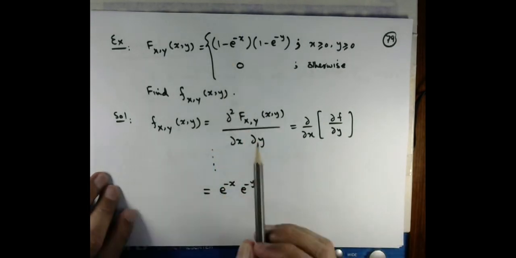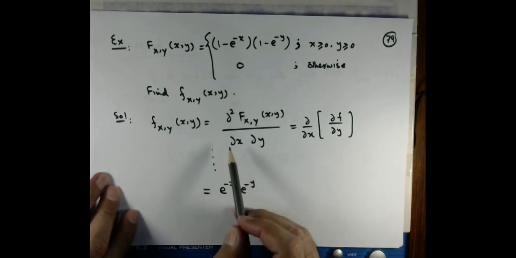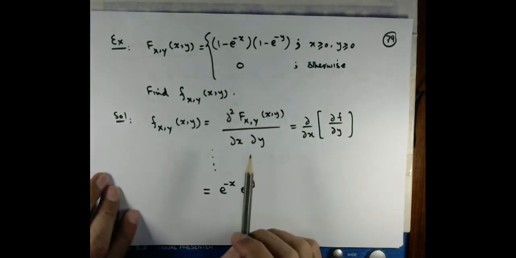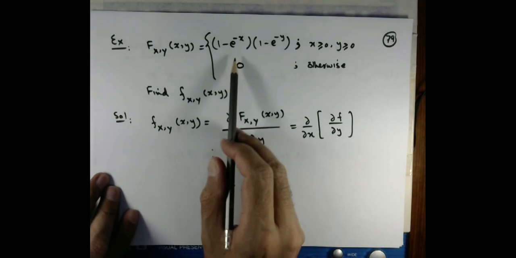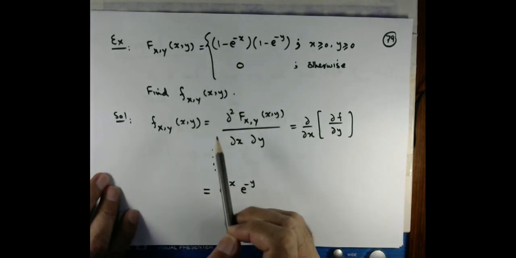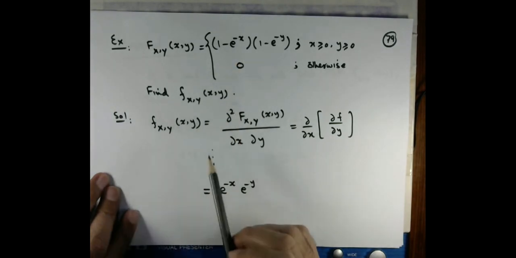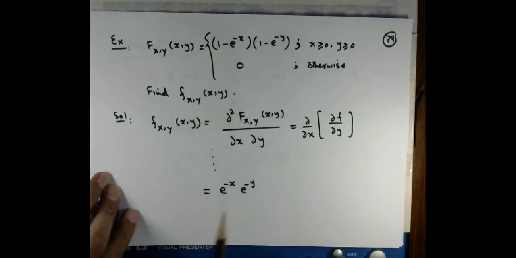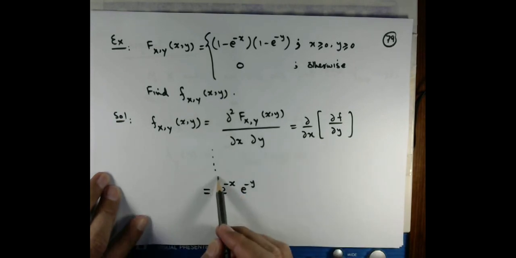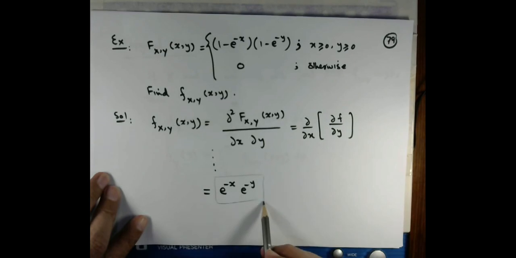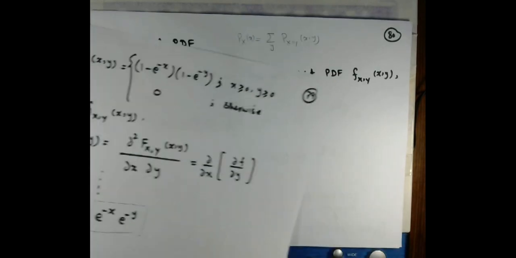So this is the example, and this is the kind of homework that you differentiate this first with respect to y, keep x as constant, and then the resultant expression should be differentiated with respect to x, keeping y as constant, and you should be able to reach this particular expression.